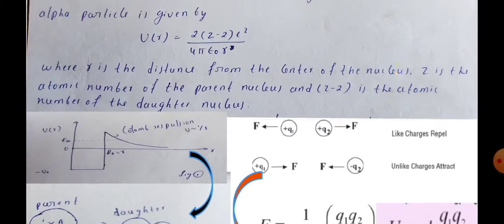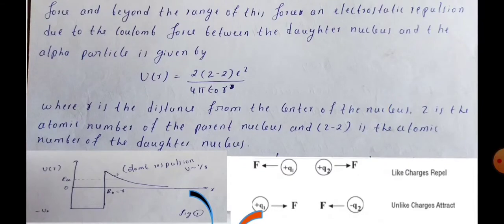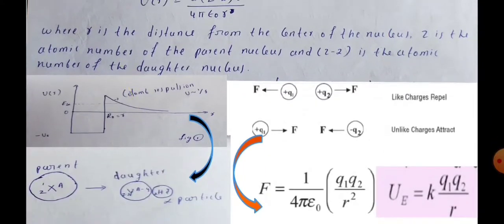Here, before studying the above point, we need to recall one of the basic concepts that we studied in electrostatics. When two positive charges, two negative charges, or one positive and one negative charge are separated by distance r, the force between them is given by F equals 1 over 4 pi epsilon naught times q1 q2 divided by r squared.